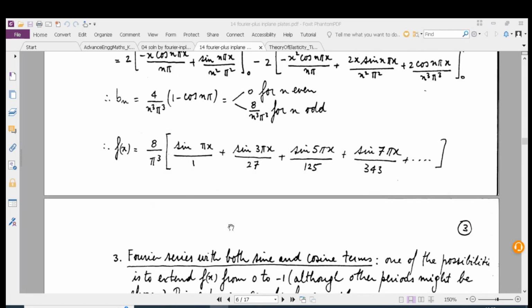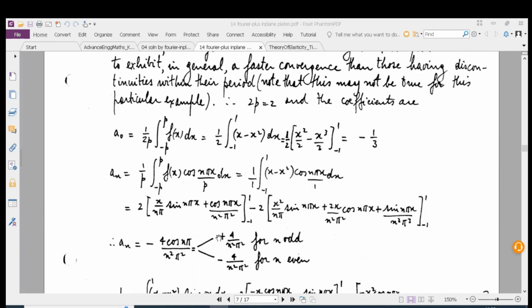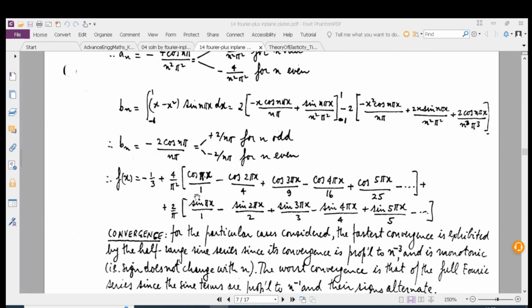In the case of the sine series, we see that we have these terms getting divided by n power 3, i.e. 1 power 3, 3 power 3, 5 power 3, and so on and so forth. In the case of the third Fourier series, we see that it is getting divided simply by n power 1.